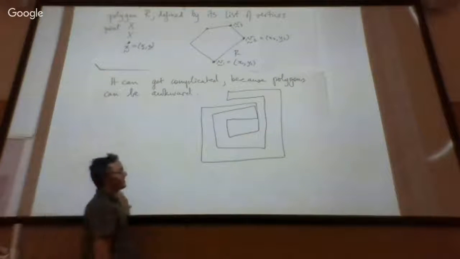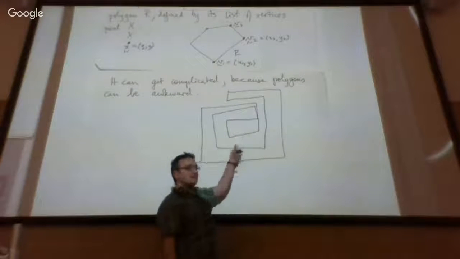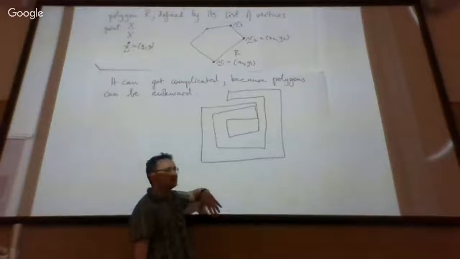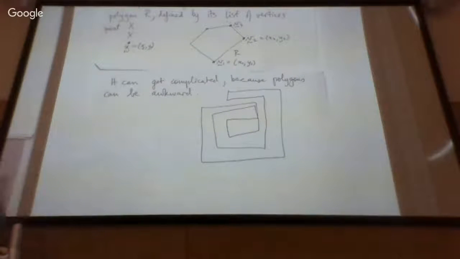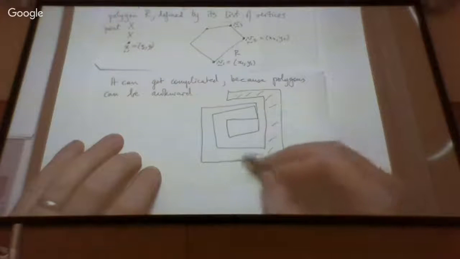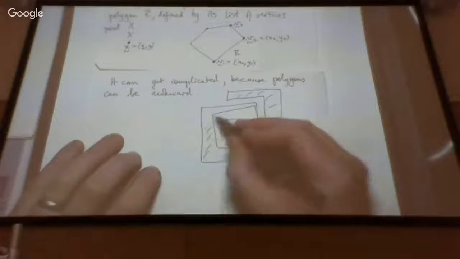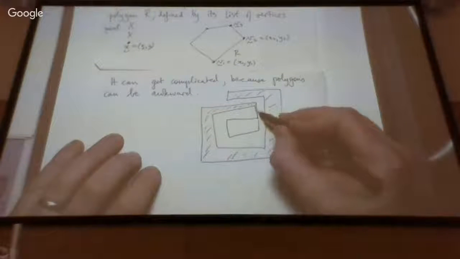It's not immediately obvious, if I specify a point somewhere here, whether it's inside the polygon or outside, because these regions can be a bit tricky. It's clear that the inside here, if you shade it and follow it around. In fact, I even confused myself when I was drawing it.